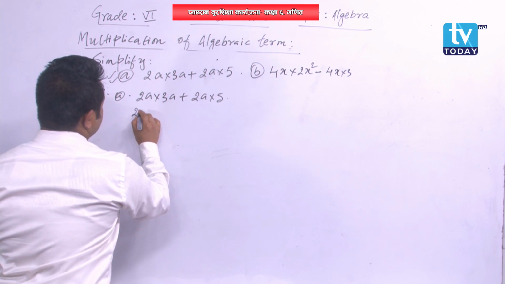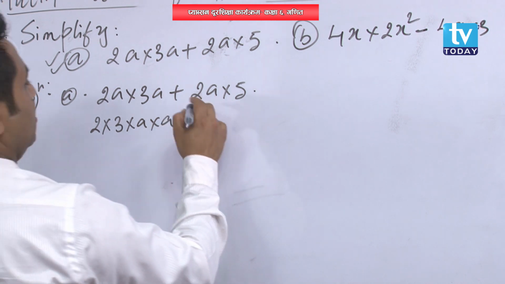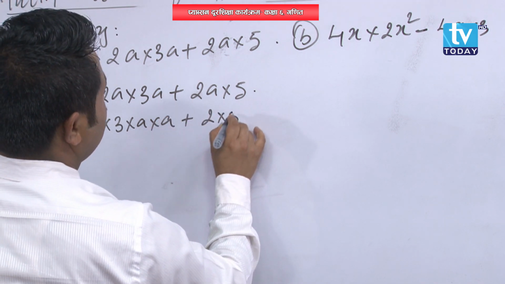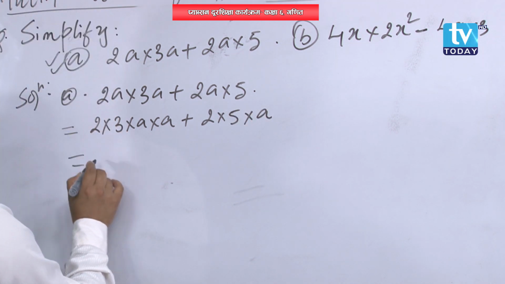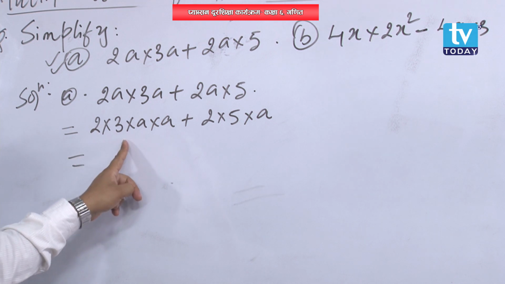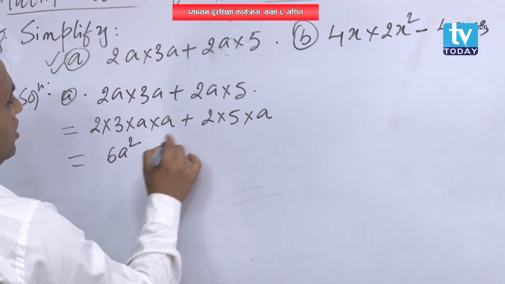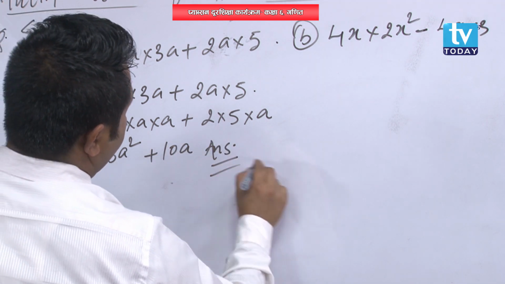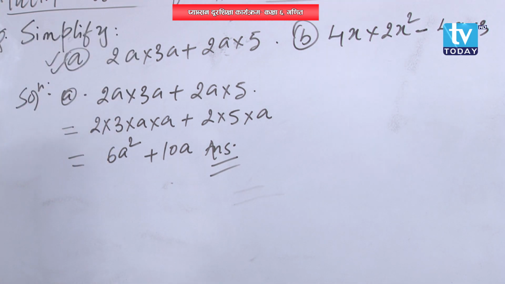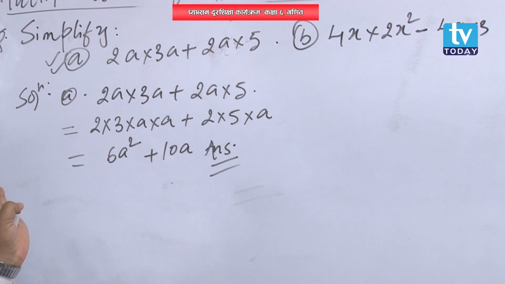Otherwise, you can write it this way: 2 into 3 into a plus 2 into 5 into a, which equals 2 3s are 6, 6a square plus 2 5s are 10a. This is the answer. Is that clear? 6a square plus 10a is the answer. We are writing this in simplified form.